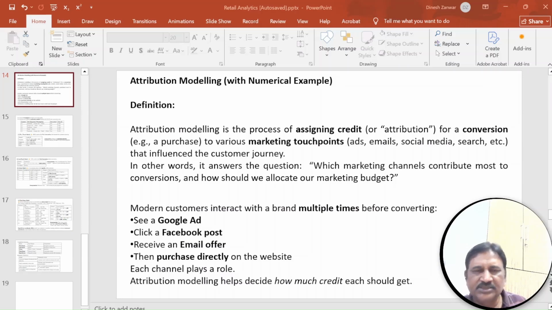Like there is a first touch model, there is also a last touch model. Just look here. In the last touch model, everywhere there is a direct purchase and no other medium.